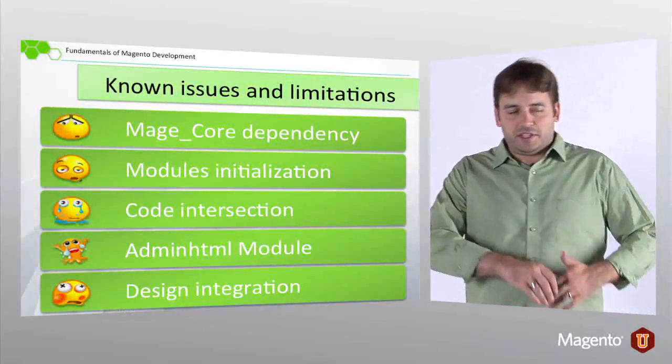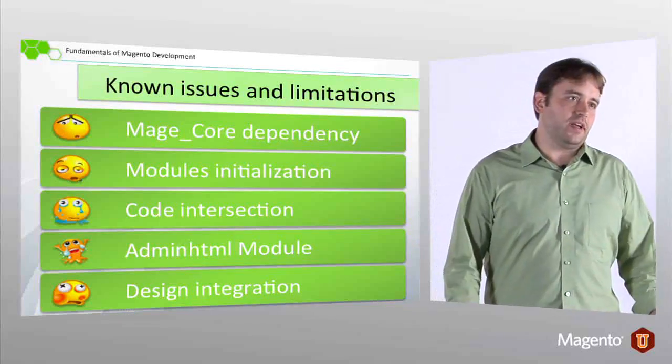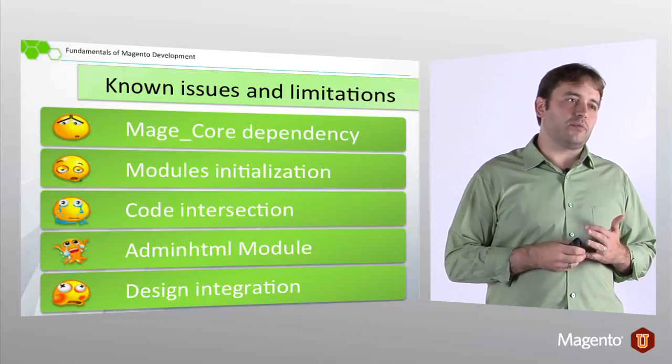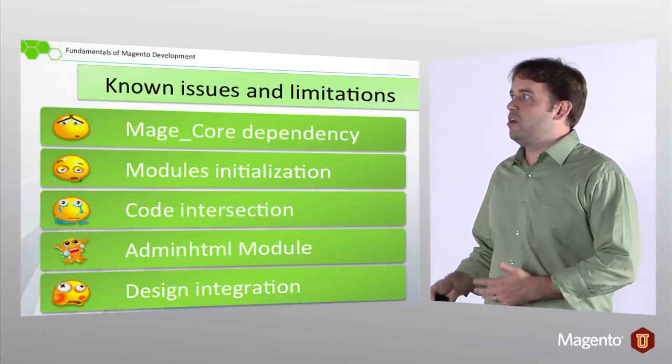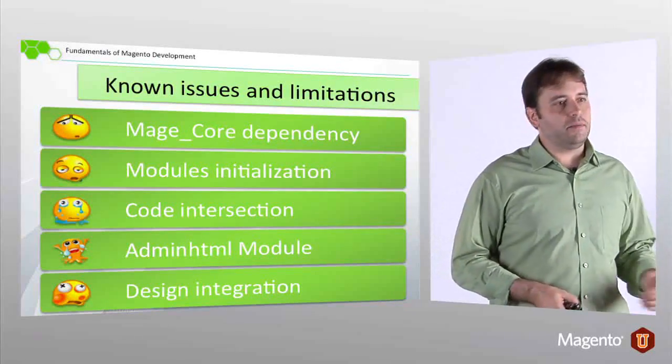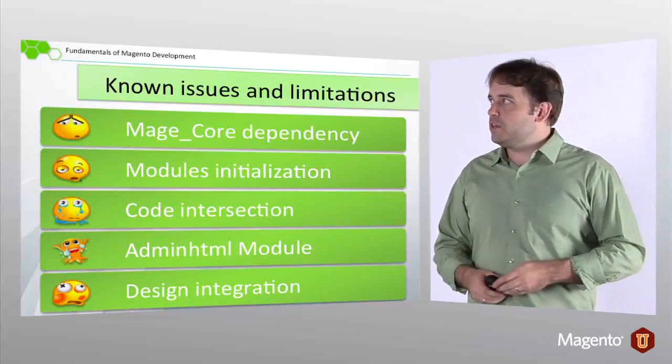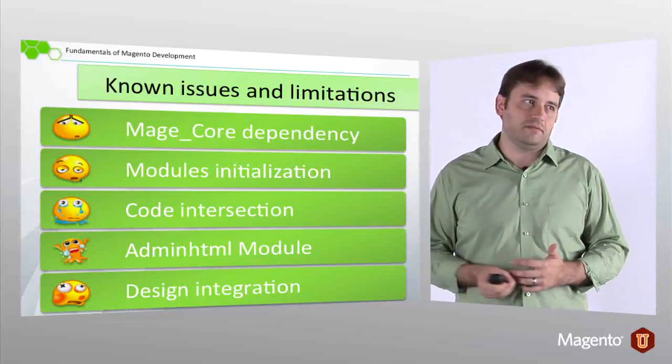That is basically the entire application. And most of the other parts and pieces in the system will extend from here or from the variant library. So obviously, if you were to deactivate the Magento core, well, I don't know that you could, but if you were to remove the Magento core, you would not have a functioning system. So that's one of the issues. I could never see a reason why you would want to deactivate the Mage core.